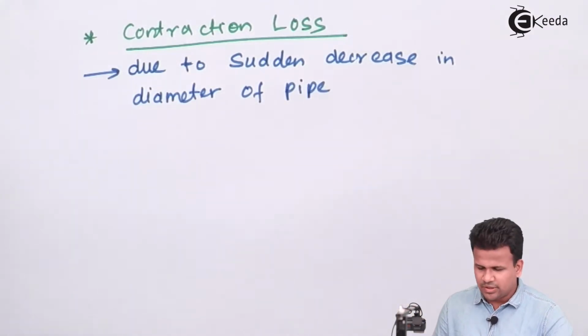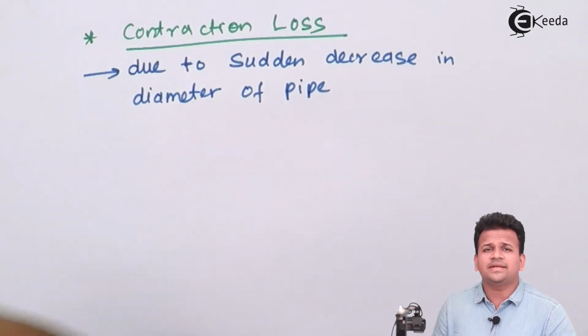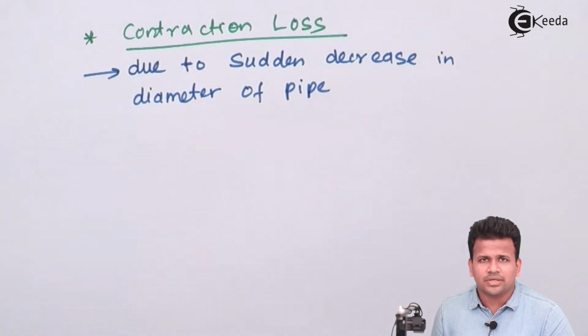Let us draw a pipe which is having a very large diameter initially, and then it has decreased to a smaller diameter.